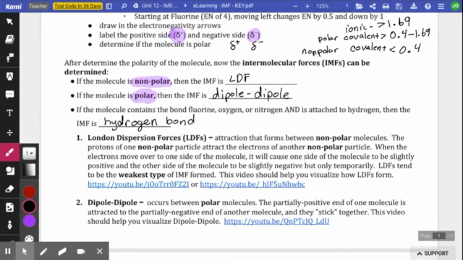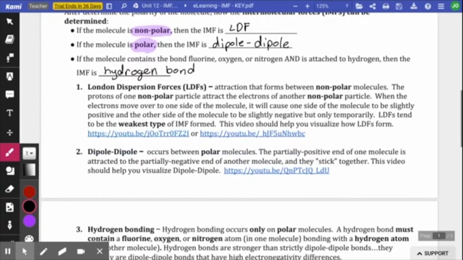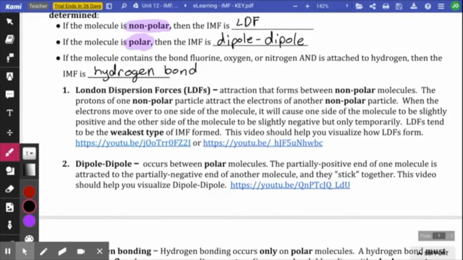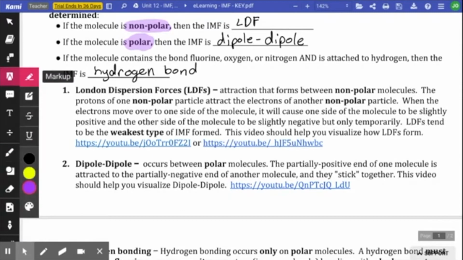All right. So let's go over what each of those types of bonds are. I know I've talked a lot about how to figure out what they are. So let's actually look at what each individual type of intermolecular force is. So I've got London dispersion forces. Again, this is going to be the attractive forces that form between nonpolar molecules.